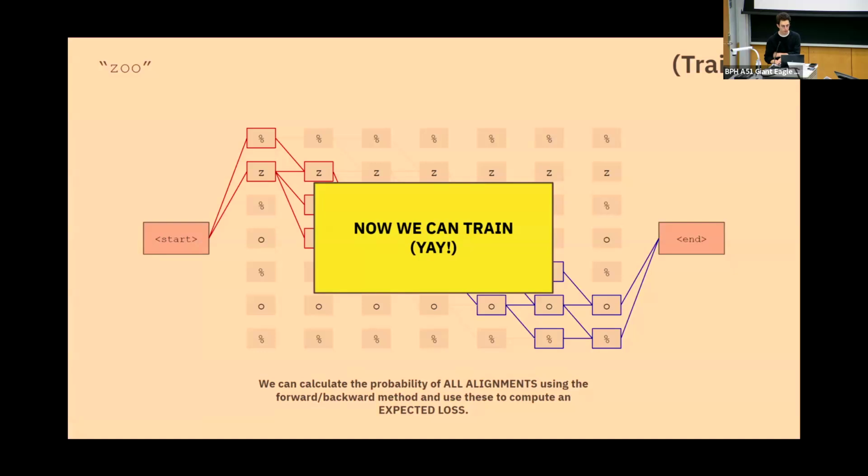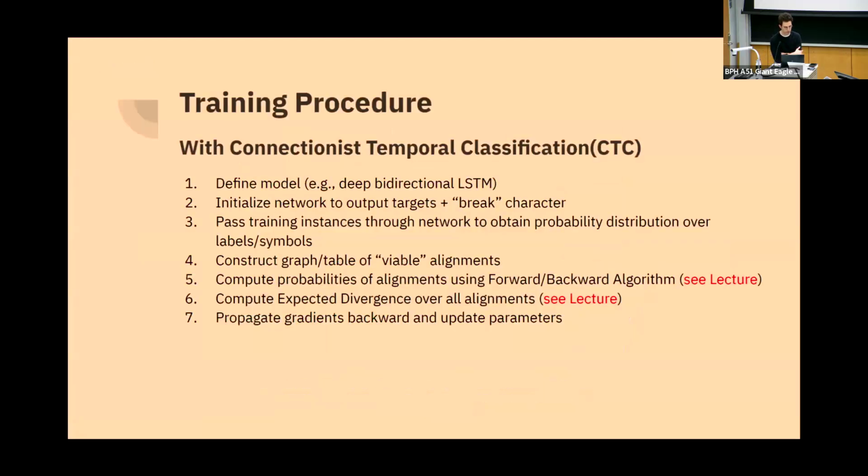We've dealt with the issue of non-time-aligned inputs and outputs. We've dealt with the issue of repetitions that we need to be able to represent in our outputs. And we have a differentiable divergence function that we can use to train our model. To summarize, in the training procedure you define a model. It can be whatever you want; in the homeworks you'll maybe use a deep bidirectional LSTM.